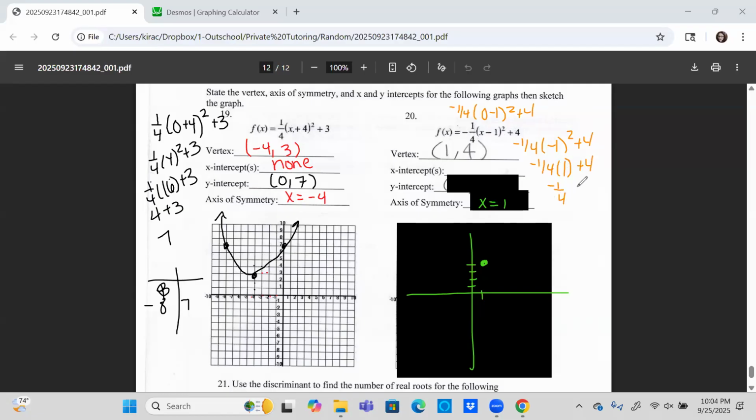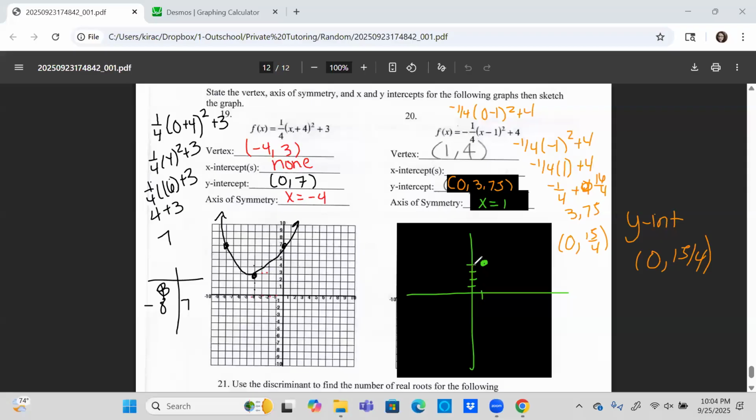That's -1/4 plus 4. So that's like 3.75. So the y-intercept, when we put in 0, we got 3.75. The fraction would be 0, and this is really 16/4, so 15/4. That's probably a better answer. Put that for a y-intercept, 0, 15/4. So it's like 3, almost 4.